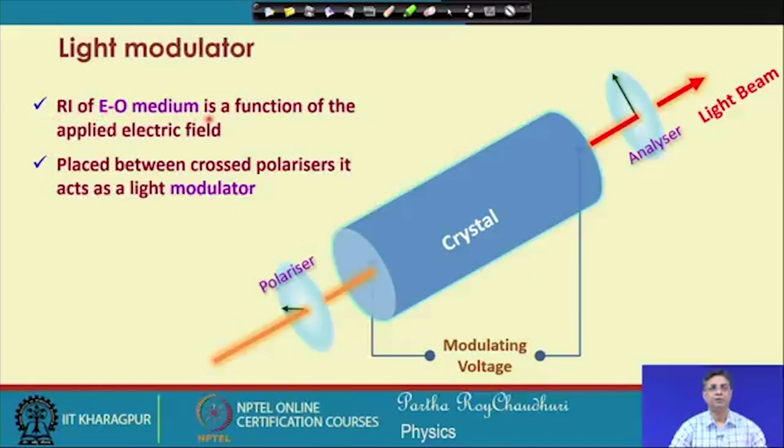Refractive index of the electro-optic medium is a function of the applied electric field, and this change in refractive index profile will cause a change in the modulation of the light which is linearly polarized at one end, and you look at the light coming out of the analyzer whose pass axis is at 90 degrees with this. So, this configuration is very useful and very widely used in amplitude modulation.